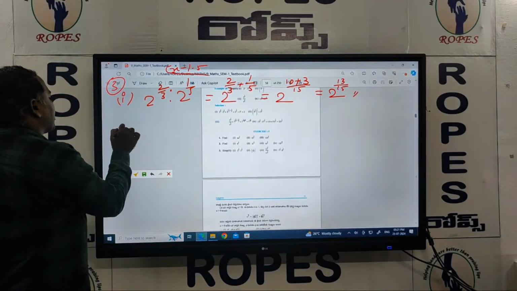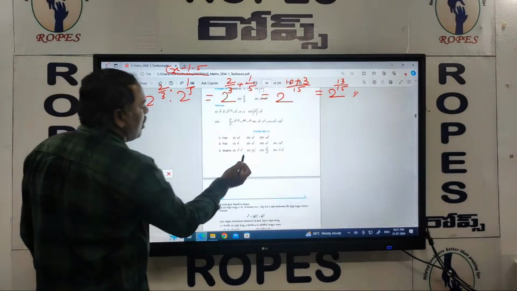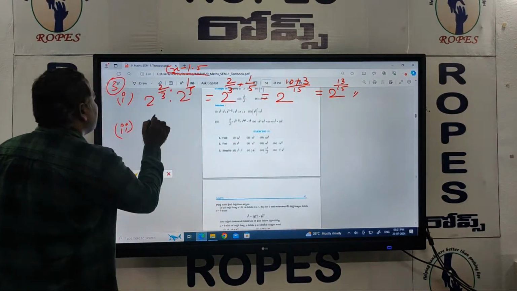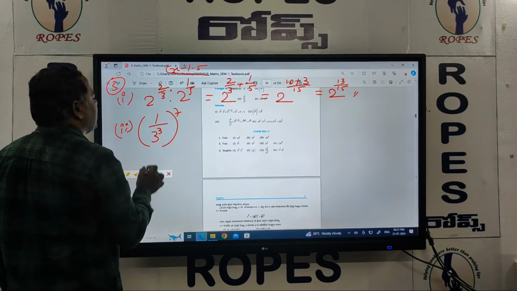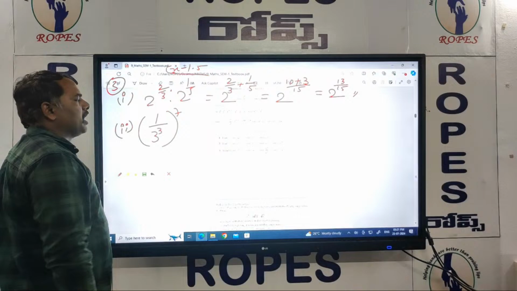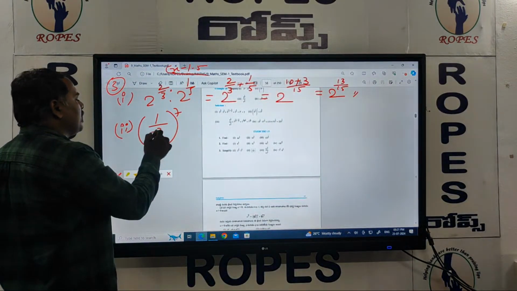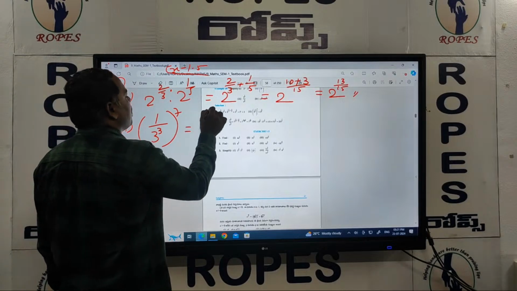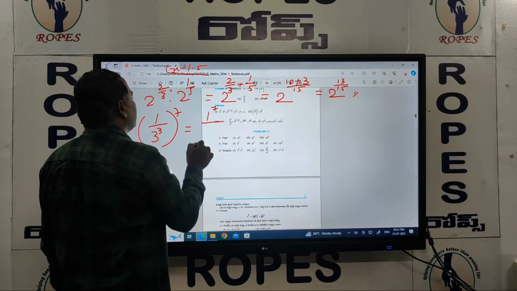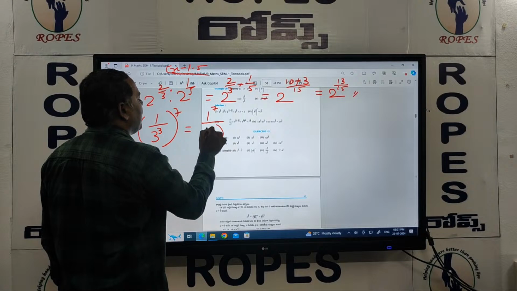Next, the second one, (1 by 3 cube) whole power 7. It is in the form of (a by b) whole power m, and also here (a power m) whole power n we can apply. See here, we can write 1 power 7 by (3 cube) power 7.